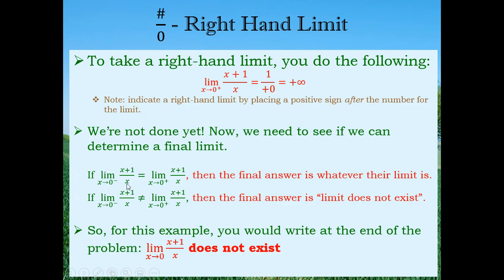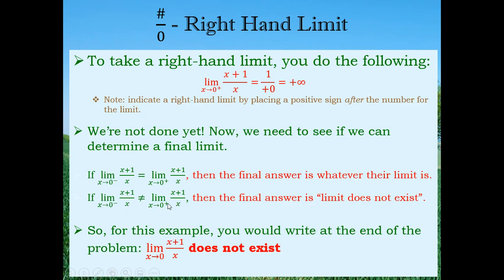Well, we said that as it approaches 0 from the left-hand side, the final answer was, if the two equal each other, then the final answer is whatever that limit is. If they don't equal each other, then the limit does not exist. So for the problem we just did, as it approached from the left-hand side, our answer was negative infinity.